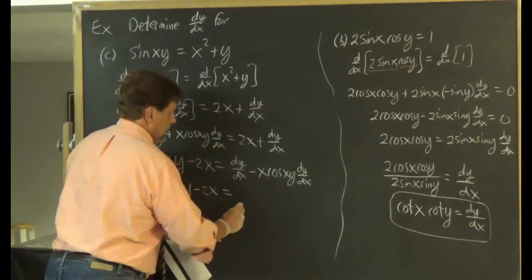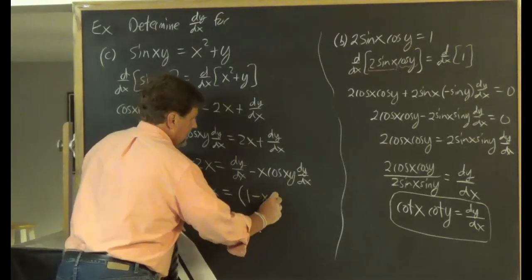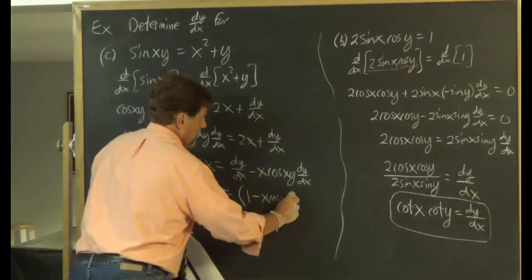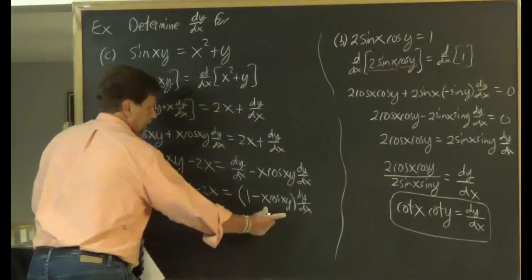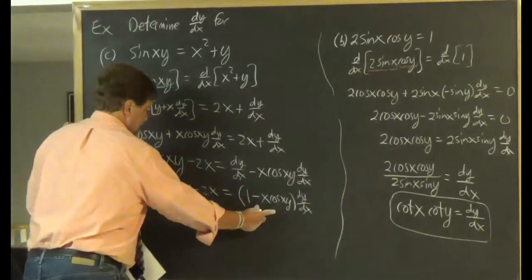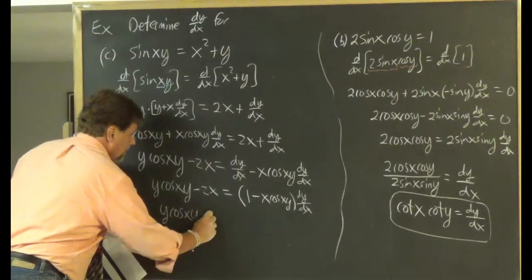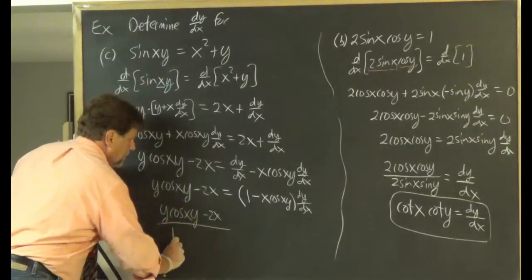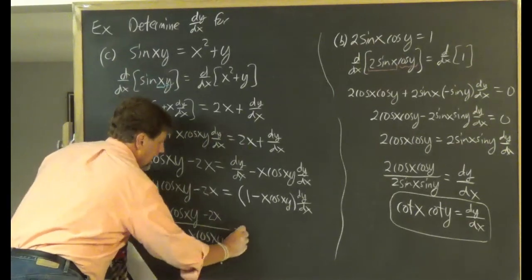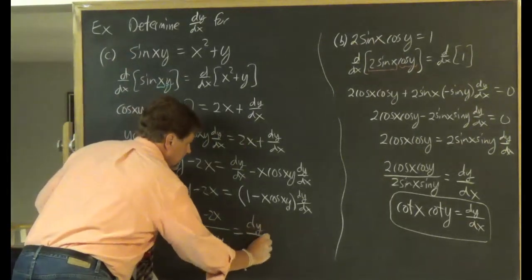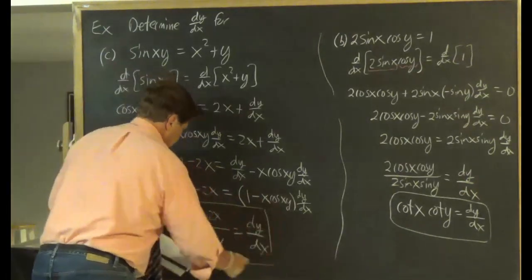So I'm factoring out a dy/dx. That leaves me with 1 minus x cosine xy. Then divide both sides of the equation by this to get y cosine xy minus 2x over 1 minus x cosine xy. That is dy/dx.